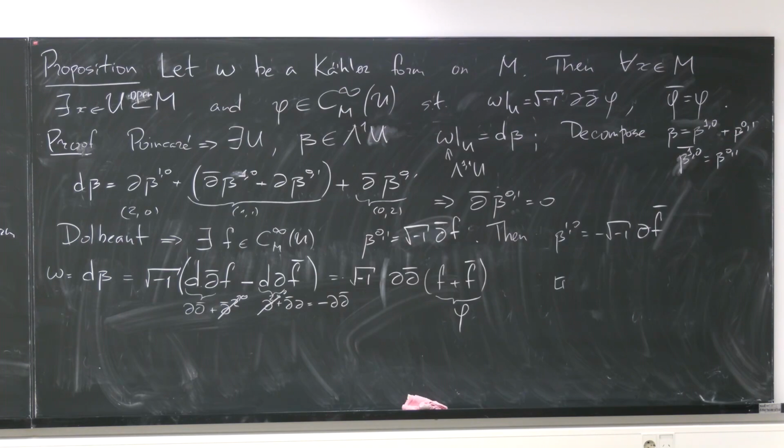So the Kähler metric is essentially determined by a function. So it's an analogue of a Hessian in the real case.